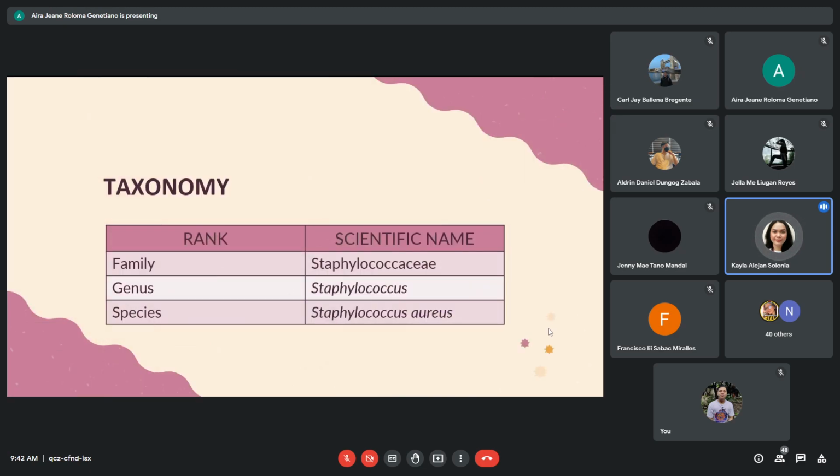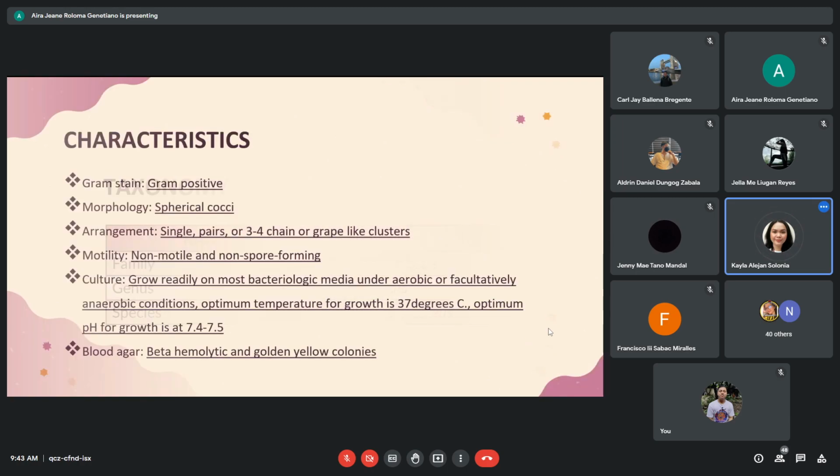Staphylococcus aureus taxonomy. Family name Staphylococcaceae, genus Staphylococcus, species Staphylococcus aureus. Its characteristics: gram-positive, its morphology is spherical cocci arranged in singles, pairs, or 3 to 4 chains or grape-like clusters, non-motile and non-spore forming.